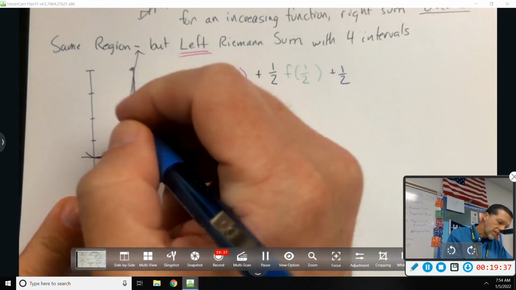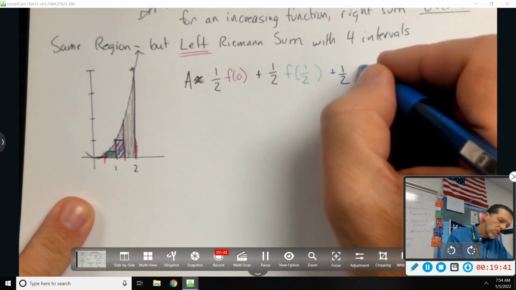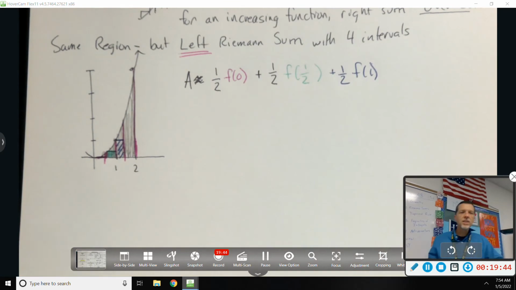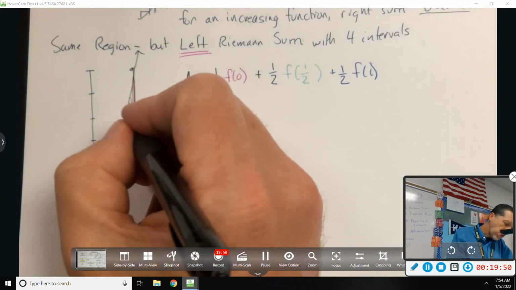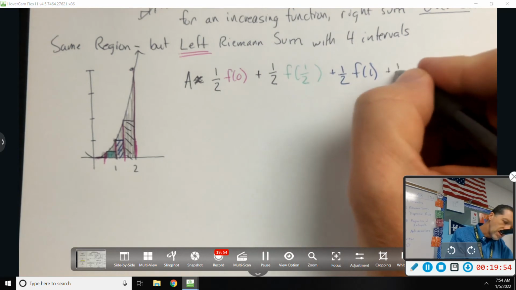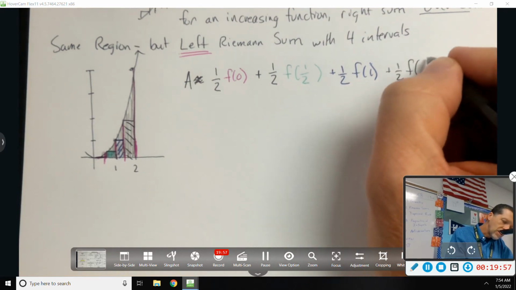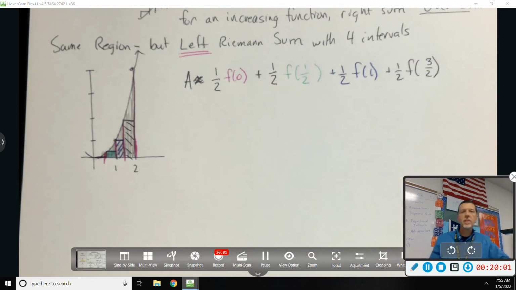The next rectangle, coming from the left, f of 1. And then that last rectangle, (1/2) f of 1.5 or 3/2, however you want to phrase it.